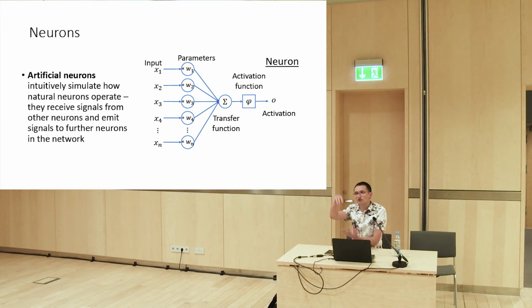All the signals are accumulated into one, I would say, large signal. So that's what the transfer function does. So it sums all the signals, weighted signals together. And then the neural network decides, using an activation function, whether it should emit a signal or not.